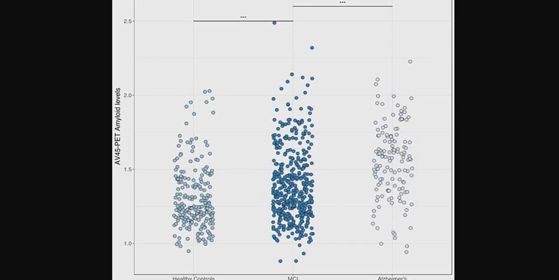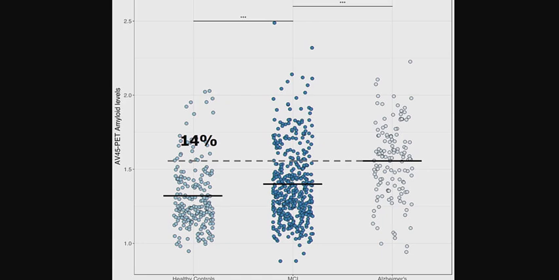If you go a stage further and you actually plot all the individual data points, you can really see that there's actually a very wide spread across the groups. And now the increased amyloid in Alzheimer's looks a bit less compelling than previously. If we plot the means for each group, you can still see there is that increasing linear relationship.